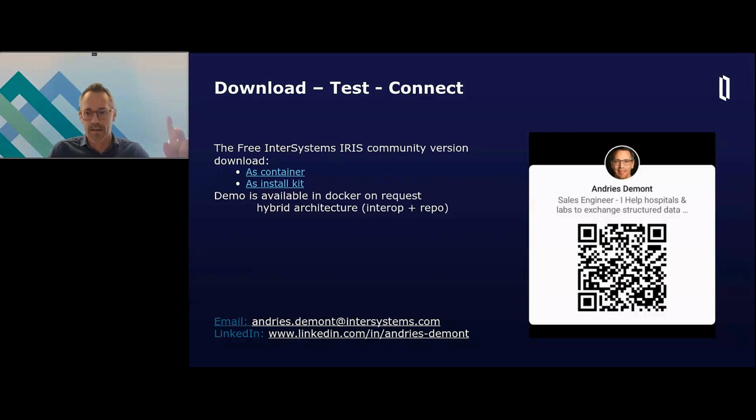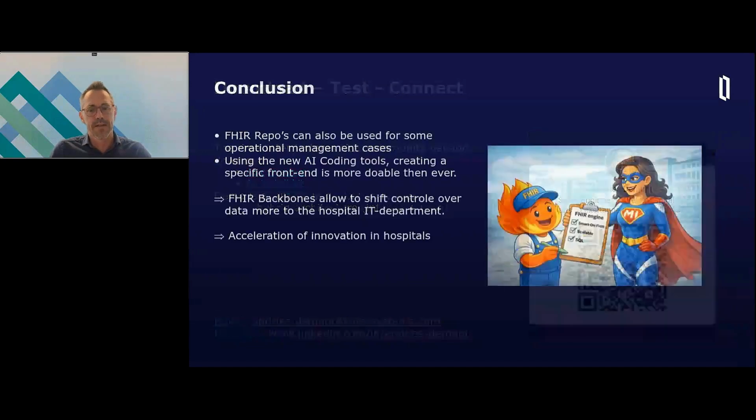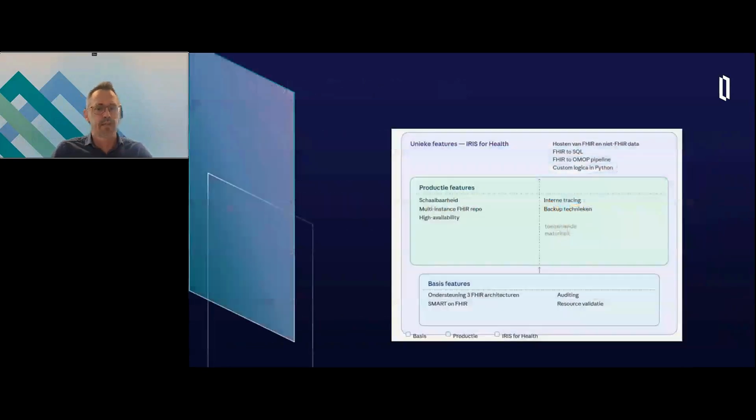Okay, they say there is one question. Okay, let me see the questions. So, okay, how can I make sure that my repository is only showing the things that it's allowed to show? So that's a good question. That's typically something that is solved with Smart on FHIR.